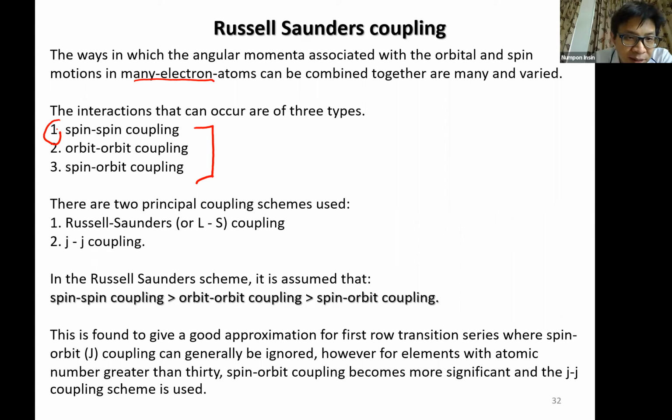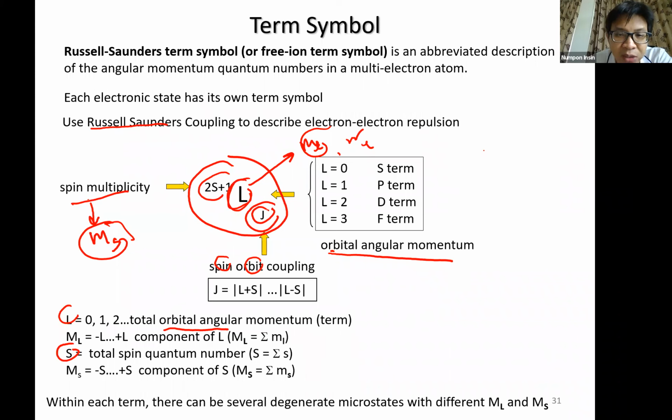The second is the orbit-orbit coupling, and the spin-orbit is the weakest. So we care most about the spin-spin and orbit-orbit. The spin-orbit we give the last priority, so sometimes the J value can be ignored because the interaction is so small and it doesn't affect the energy that much.